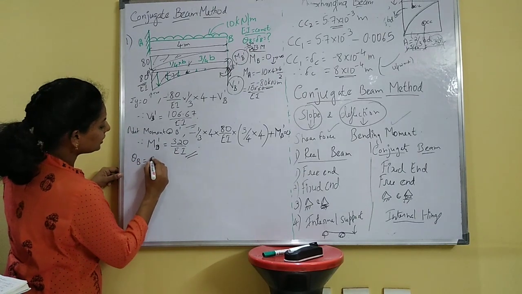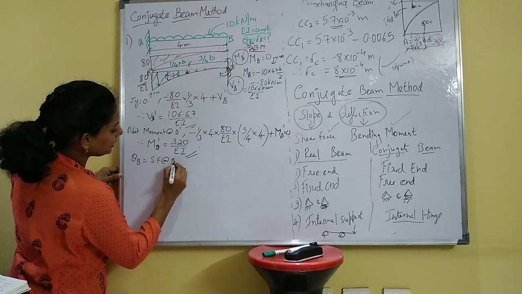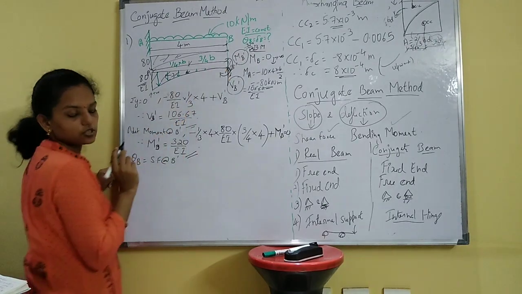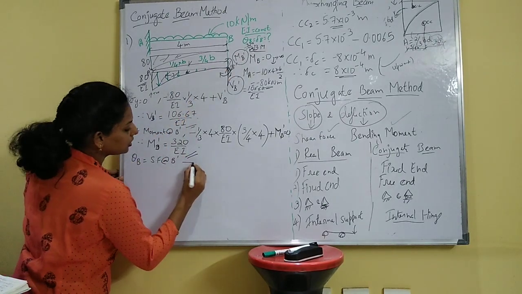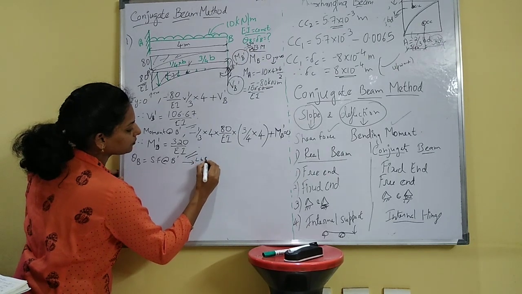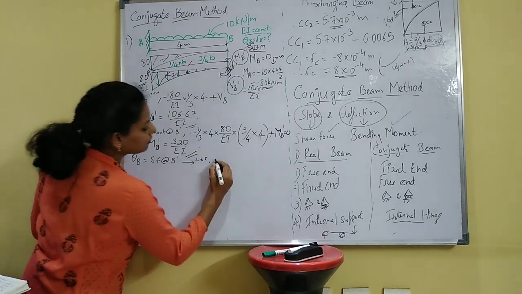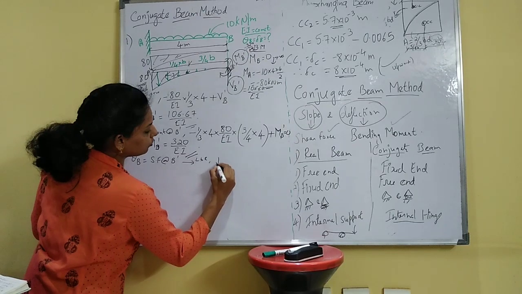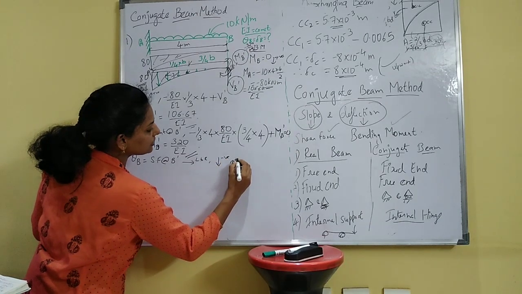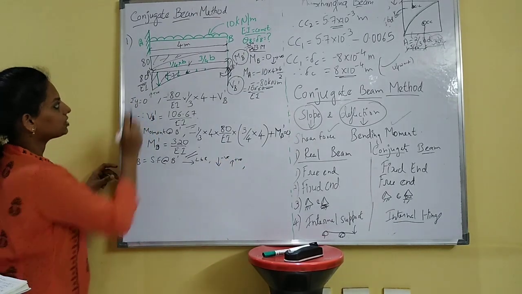Next, find out theta B. Theta B is nothing but the shear force at B dash. So find out the shear force at B dash. For shear force, if you are going from left to right, you have downward as negative, upward as positive. This is a sign convention.